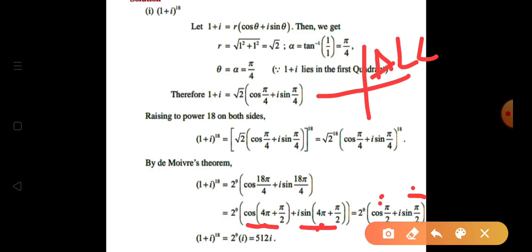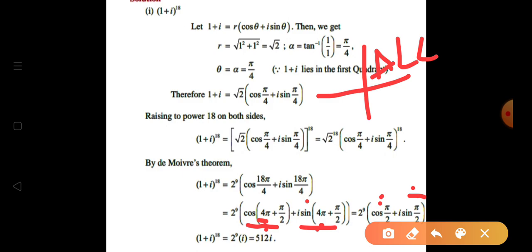Do you understand? But in our sum we have even number of 90 degrees, so there is no change, and both get positive sign. So cos pi by 2 plus i sin pi by 2.